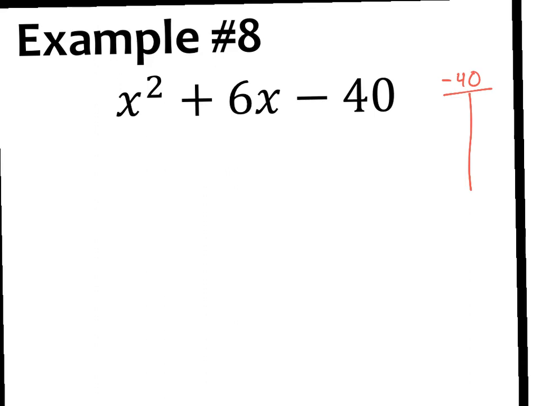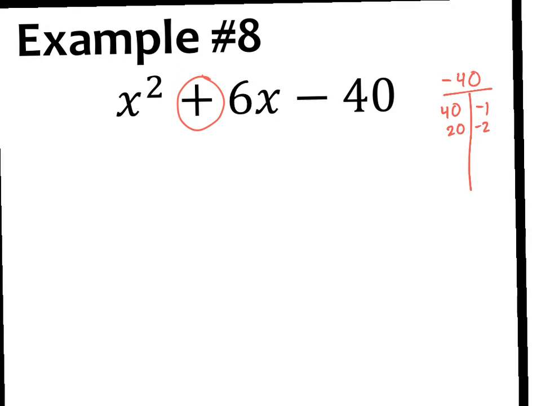Negative 40 divided by negative 1 is 40, okay? You'll notice here, because my B is positive, and I'm looking for the numbers that sum to that B, that positive 6, I'm making my larger number positive and my smaller number negative, because I know they want to sum positive, okay? All right, so negative 40, I'm going to divide that by negative 2, and I get 20.